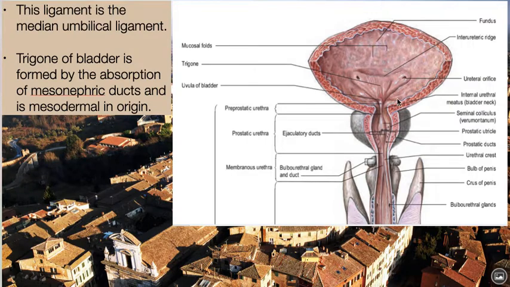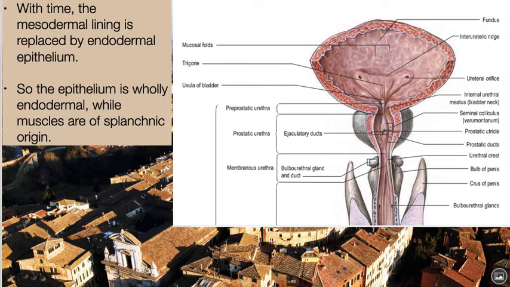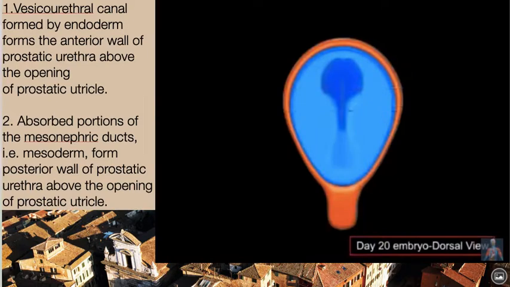The trigone of the bladder is formed by the absorption of the mesonephric ducts and it is mesodermal in origin. Now, with time, this mesodermal lining is replaced by the endodermal lining. So, the epithelium is wholly endodermal while the muscles are of splanchnic origin.